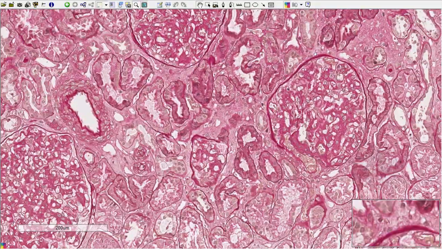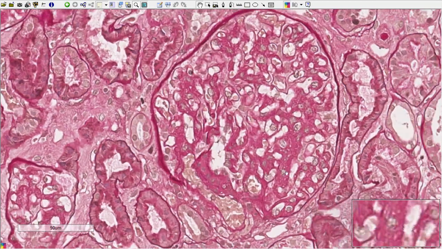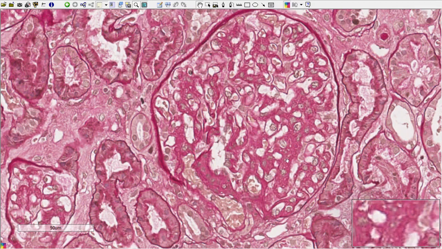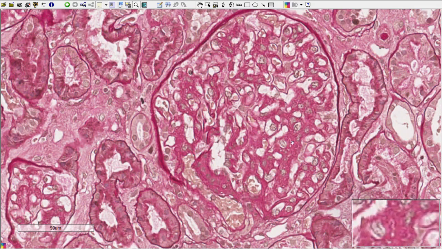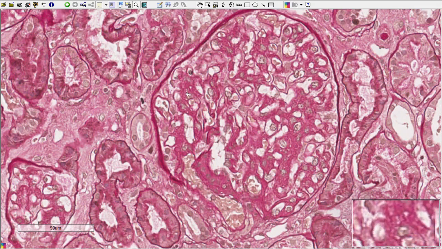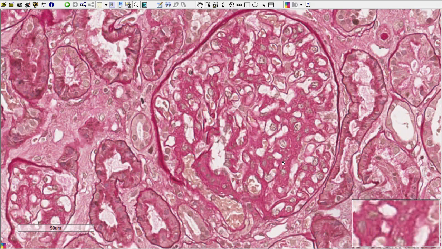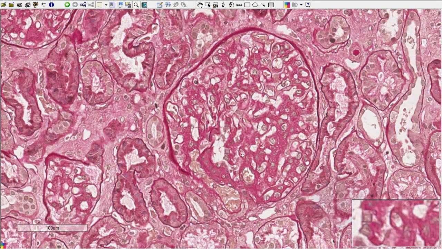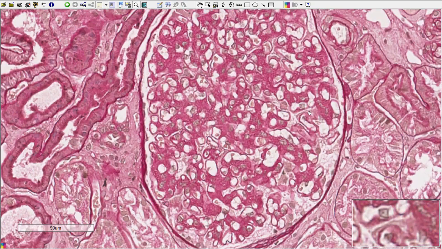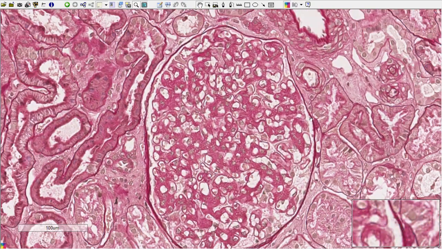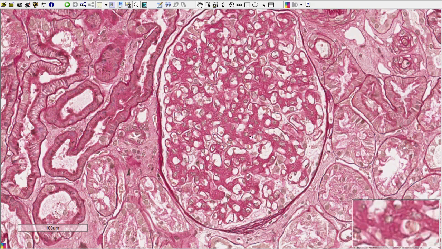Let's go and see more of them. Here again we have expansion of the mesangial area, increase in this PAS positive material, some degree also, although here we are close to the vascular pole, of mesangial hypercellularity, and this again increase in the mesangium.